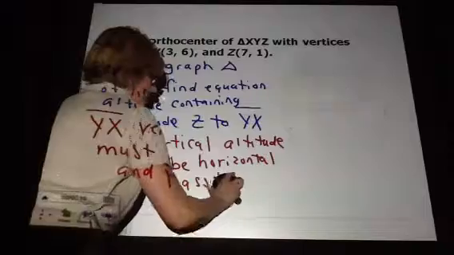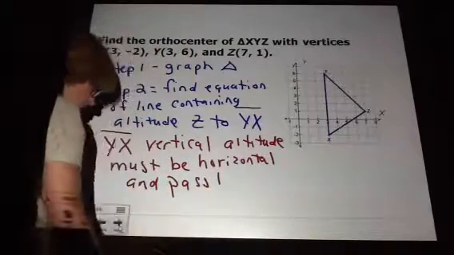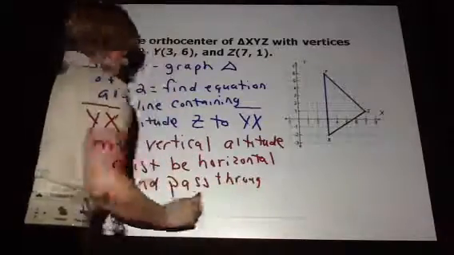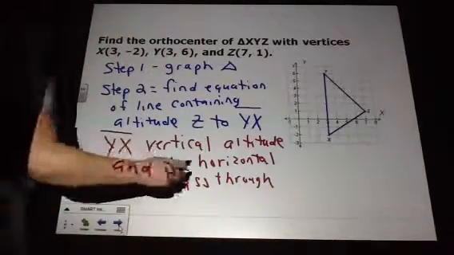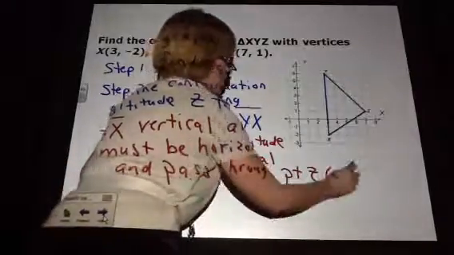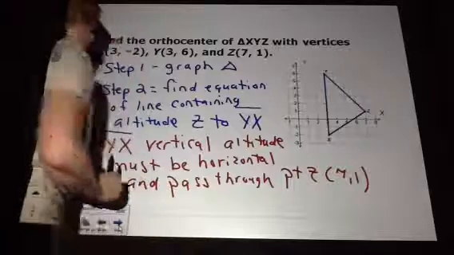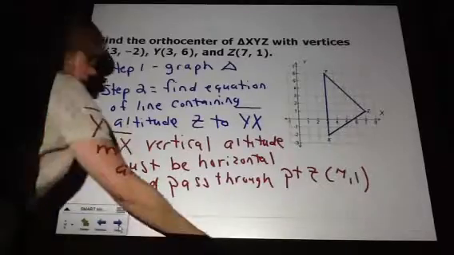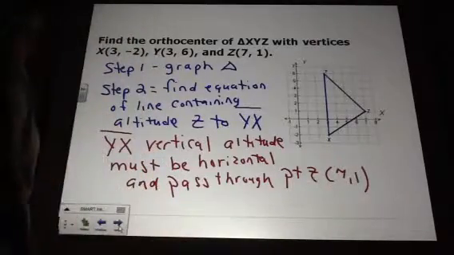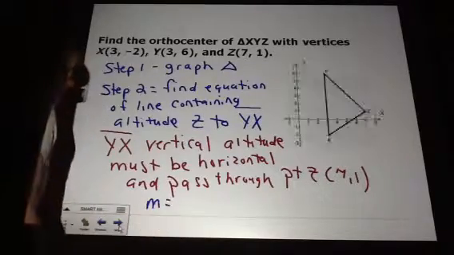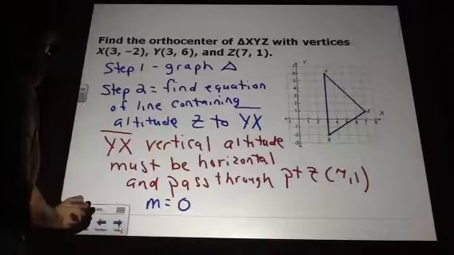Well, let's see if I can get that spelled right. It must be horizontal, and it must pass through point Z, which is 7, 1. Okay, so horizontal line. What type of slope does a horizontal line have? It has a 0 slope, okay?